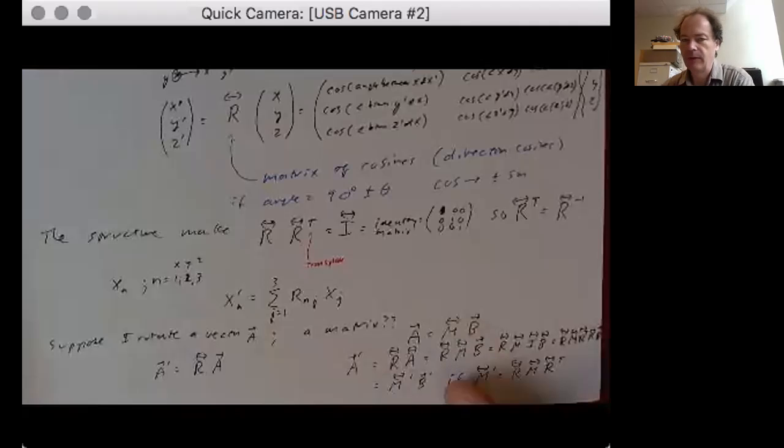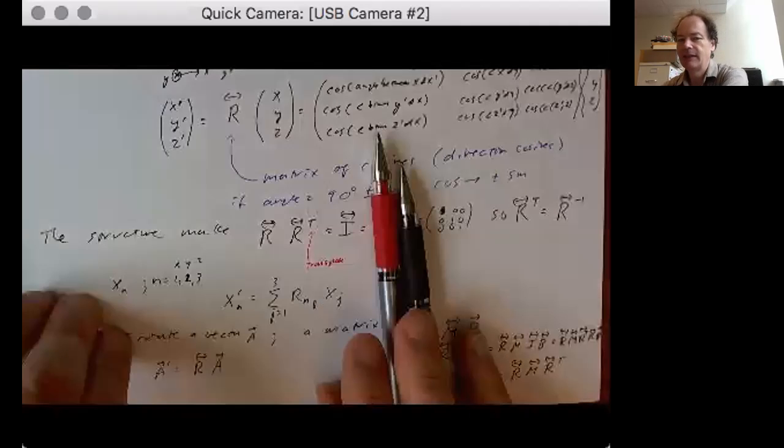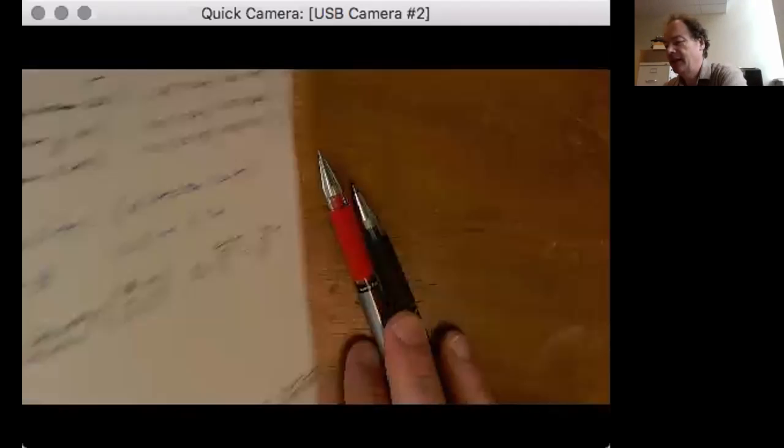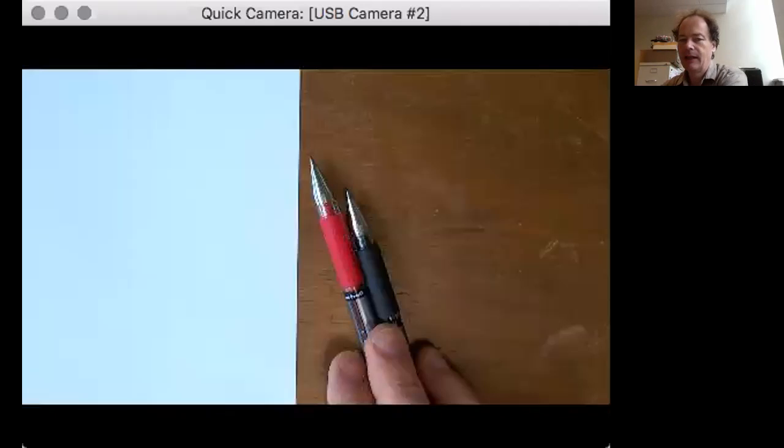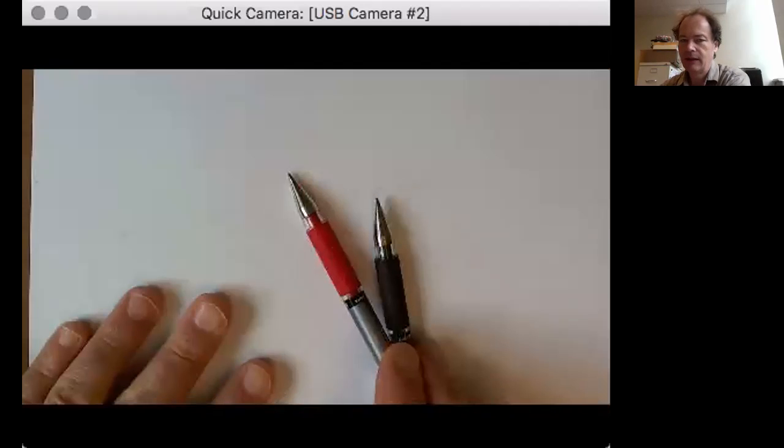And so with that, I'm going to try to keep my focus here as I flip our page.